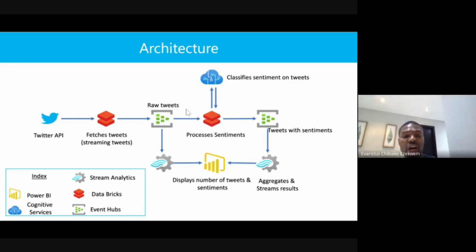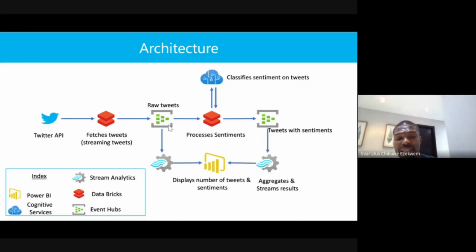Event Hubs has the ability to ingest millions of events per second. That is more than enough to handle whatever traffic is going to come from Twitter.